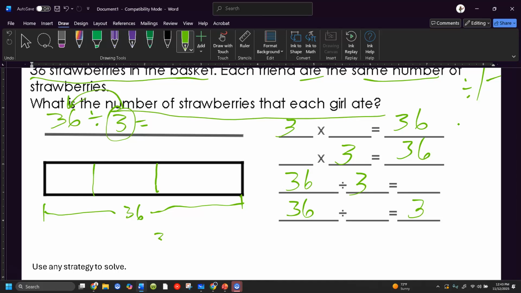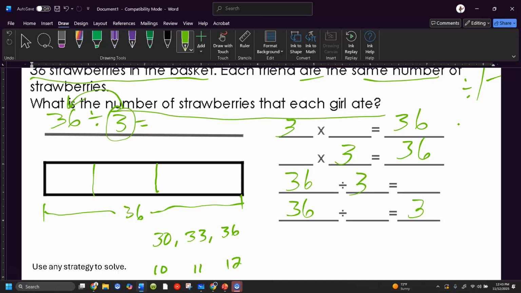So 30 is 3 times 10. So if I do 3 more, because I'm counting by 3s, that's 33. Add 3 more, that's 36 and 12.